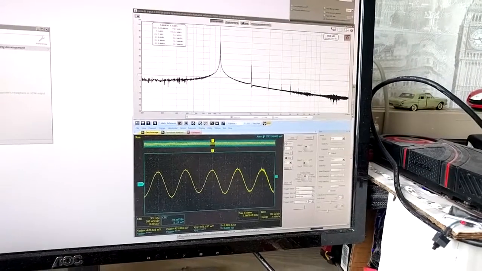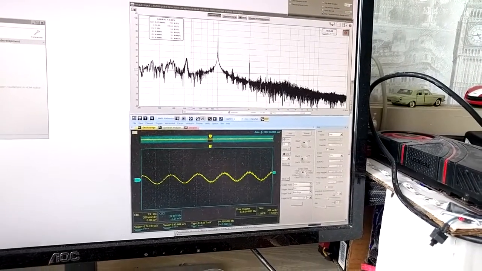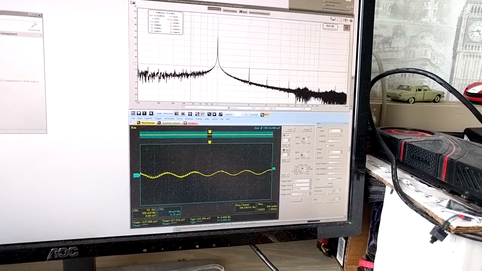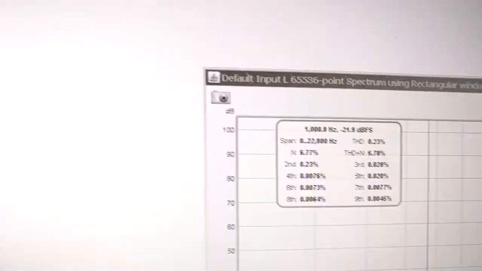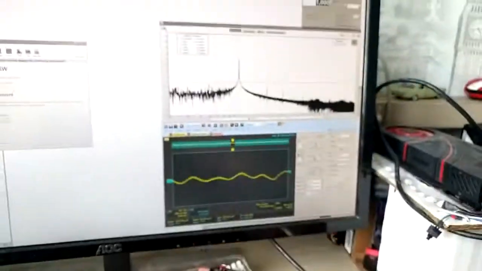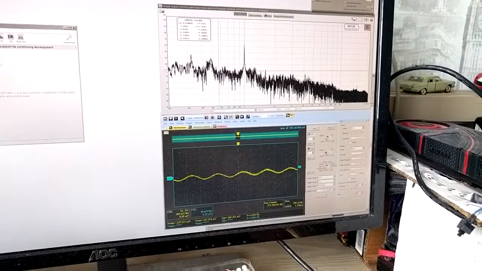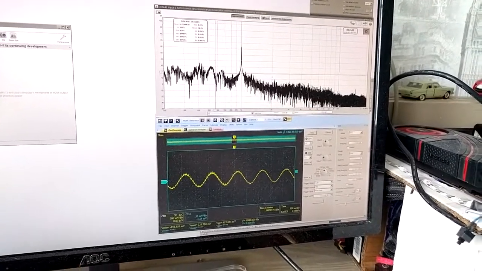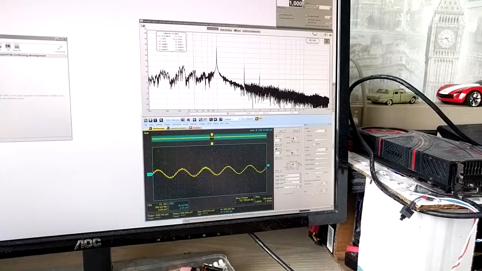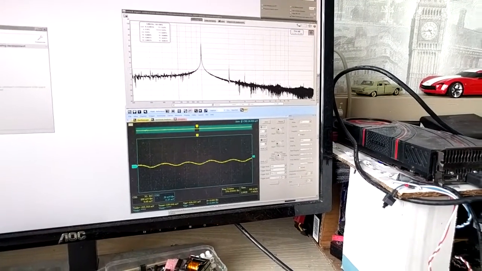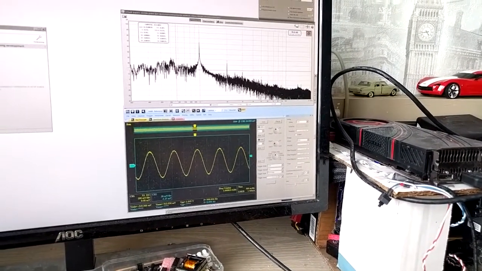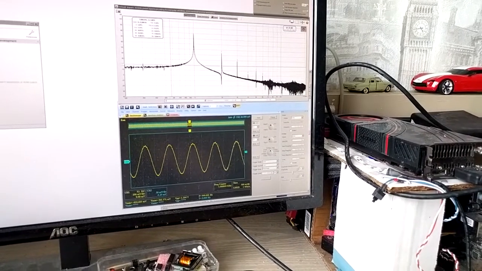0.4%. If we go down, 0.25%. Go up, 0.4%. Okay, so up, down.